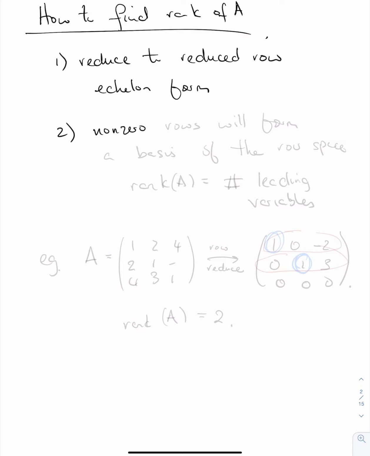The non-zero rows will form a basis of the row space. And so the rank of A is going to be the number of these non-zero rows, which corresponds to the number of leading variables.